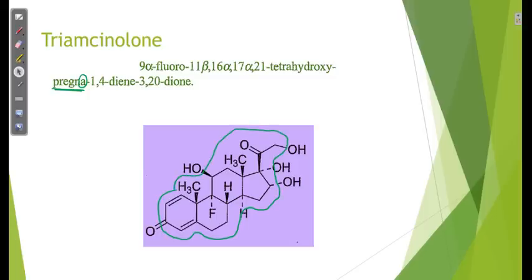See, this is a pregna derivative. In case of a pregna derivative, if we see the positions, anyone can give a number: 1, 2, 3, 4, 5, 6, 7, 8, 9, then 10, then 11, 12, 13, 14, 15, 16, 17, 18, 19, then 20 and 21.